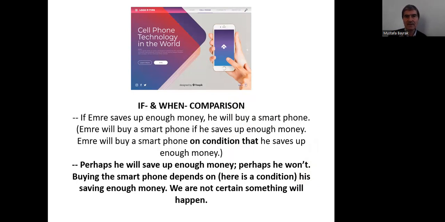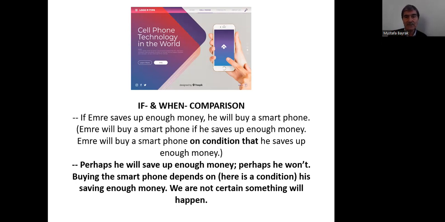If Emre saves up enough money, he will buy a smartphone. It means Emre will buy a smartphone if he saves up enough money. Emre will buy a smartphone on condition that he saves up enough money. If he doesn't save up enough money, it means that he won't buy a smartphone. This is the condition.